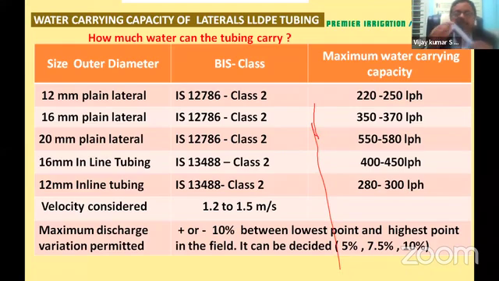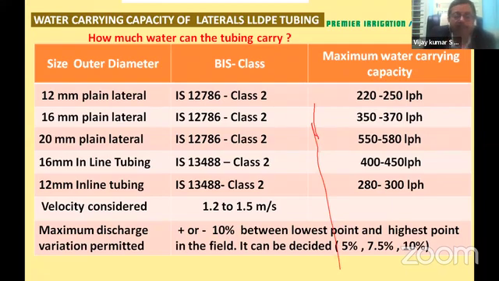Similarly, if I take the next size 16 millimeter, it can carry between 350 to 370 liters per hour. Similarly, for 20 millimeter. Now we also have the first one, what I told you was the plain lateral, which means there is no dripper, it's only the lateral. And if you have the inline tubing, then you can go up to 450 to 500 liters per hour. And also for inline tubing of 12 millimeter, you can go to 280 to 300 liters per hour.